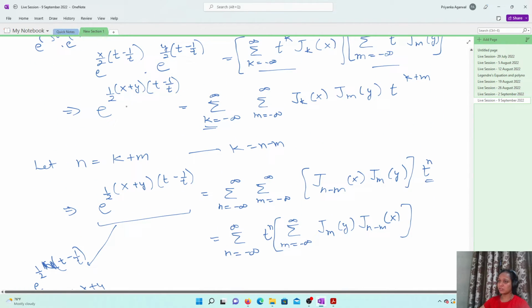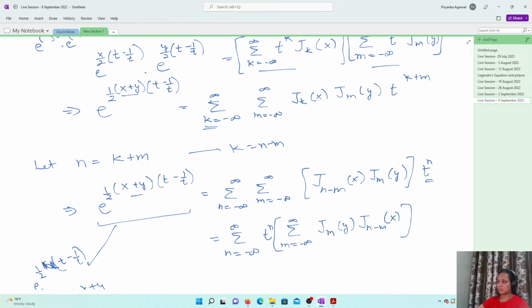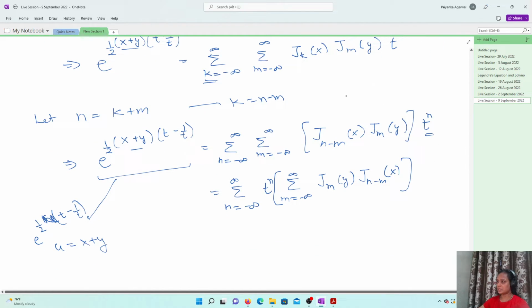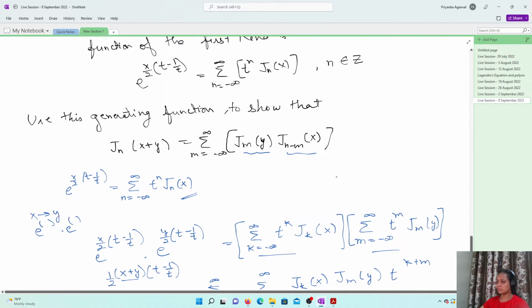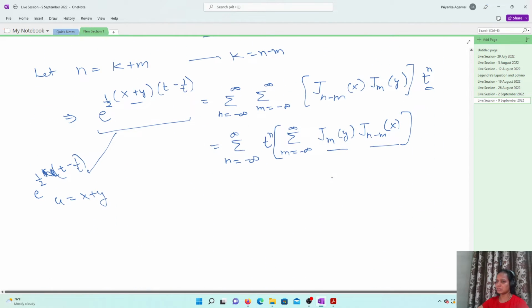So here now we see that this side we have x plus y, and this side we have simplified to this Jm of y Jn minus m of x, which is one part of the question which we have to prove. We have already achieved this.